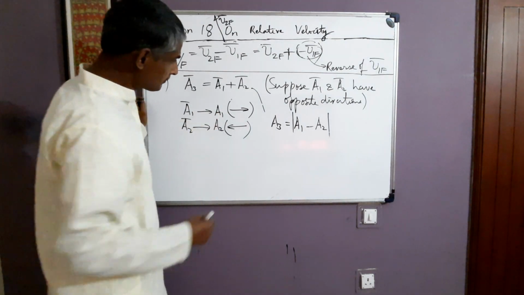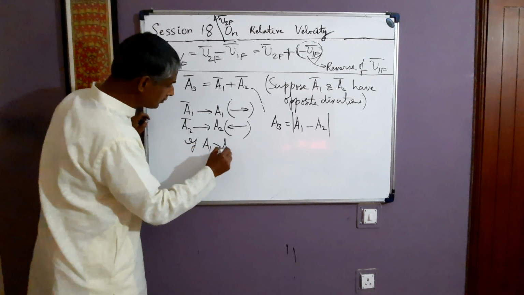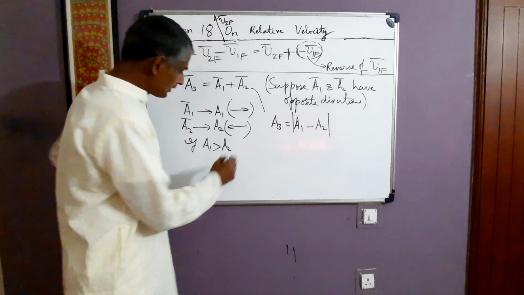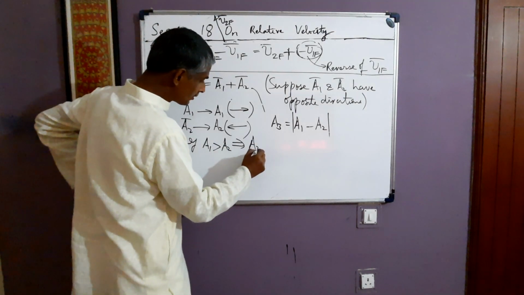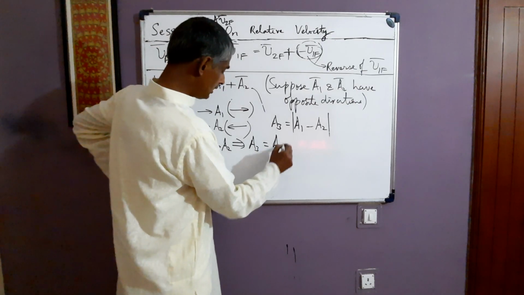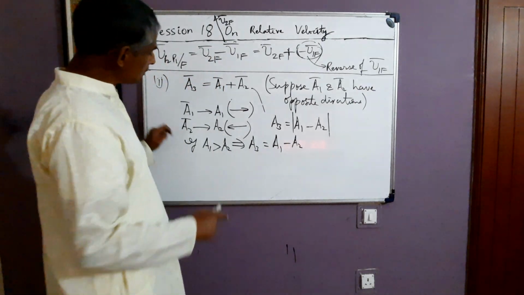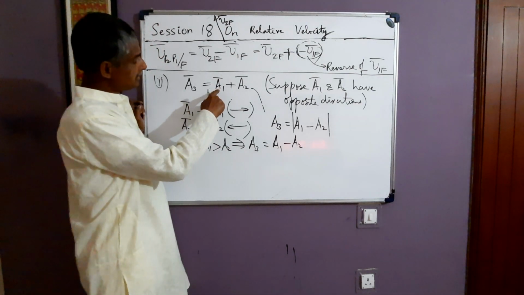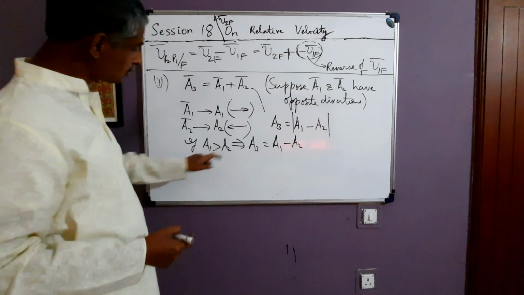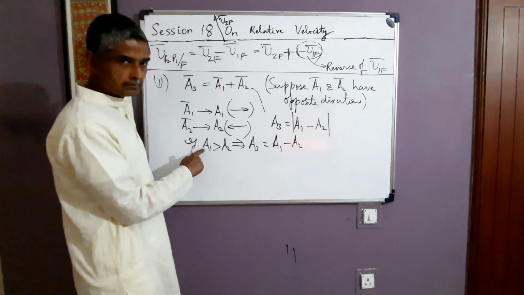For example, if the magnitude of vector A1 is greater than that of A2, then the magnitude of vector A3 will be A1 minus A2, and its direction will be the same as that of the vector having the greater magnitude. So in this case, A1 is more than A2, so the direction of A3 will be the same as that of vector A1.